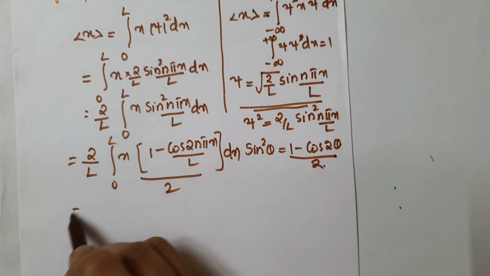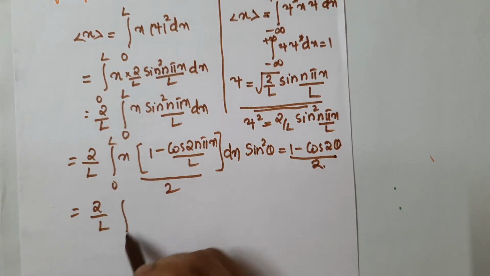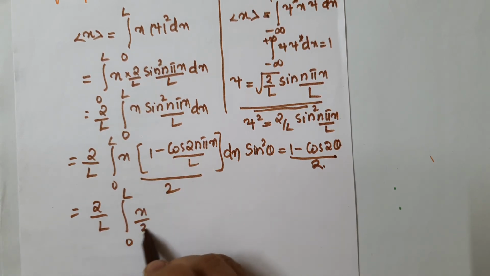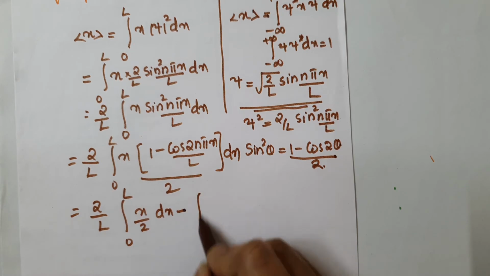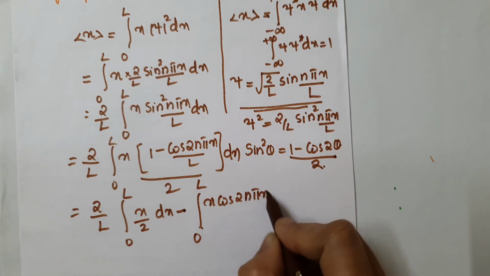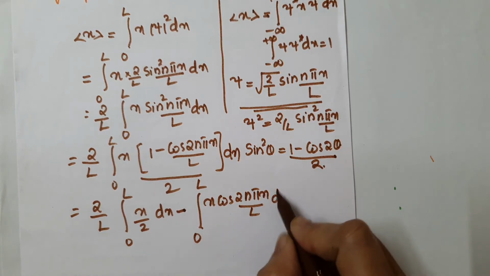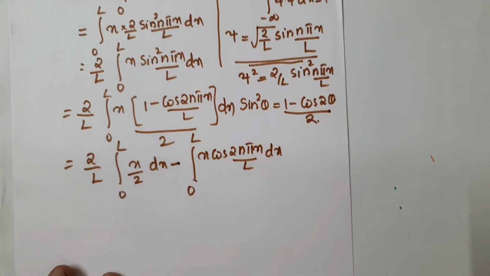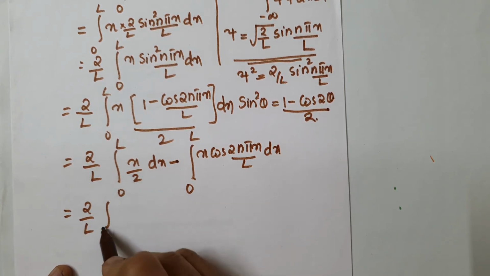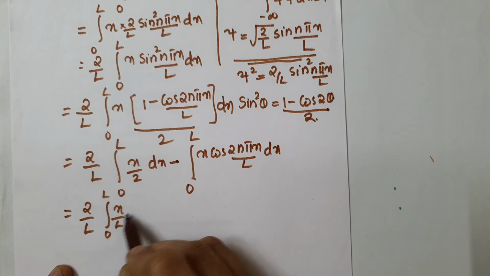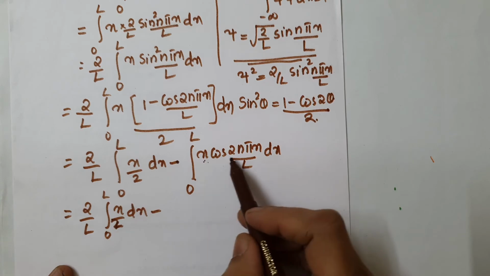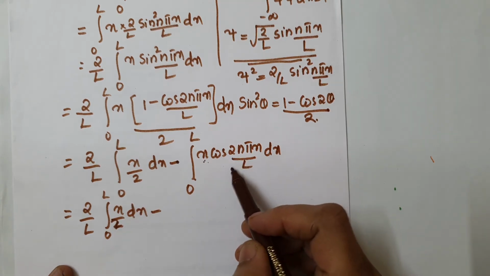This can be split into two different integrals: x by 2 dx minus integral 0 to L x cos 2n pi x by L dx. For the first term, 2 by L into integral 0 to L x by 2 dx. The second is the product of two terms, x and cos 2n pi x by L, so we can integrate by parts.